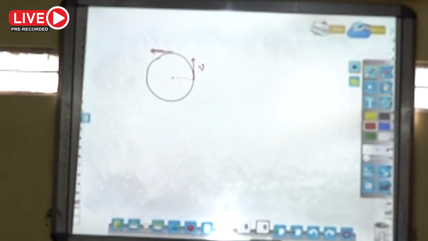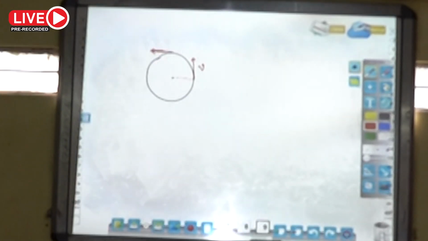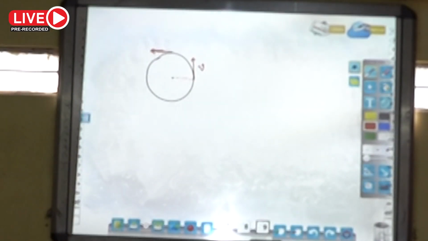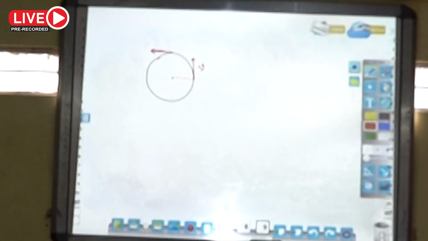Magnitude of change in velocity of the particle. What is the magnitude of change in velocity?